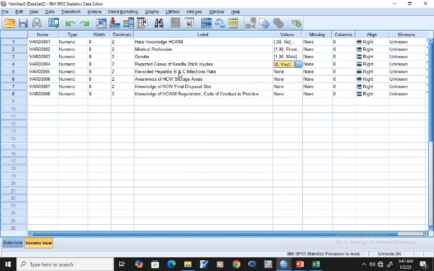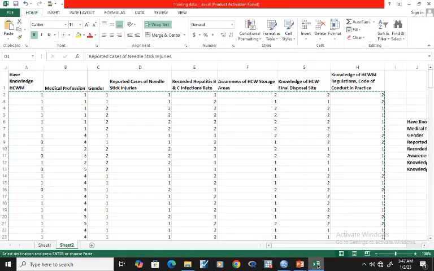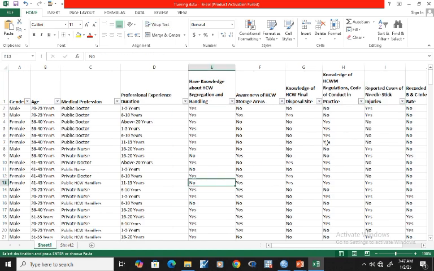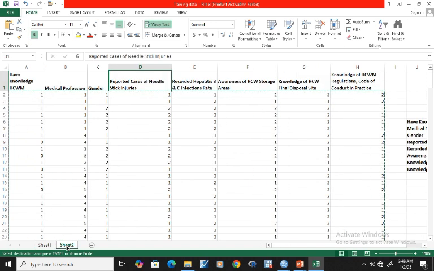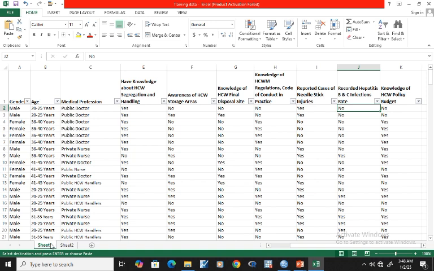Okay. Recorded hepatitis B and C infections rate. So we'll look at what are the available codes there, 1 and 2. We'll look at the main data. See, so you see 2 implies no, and we label 1 implies yes.